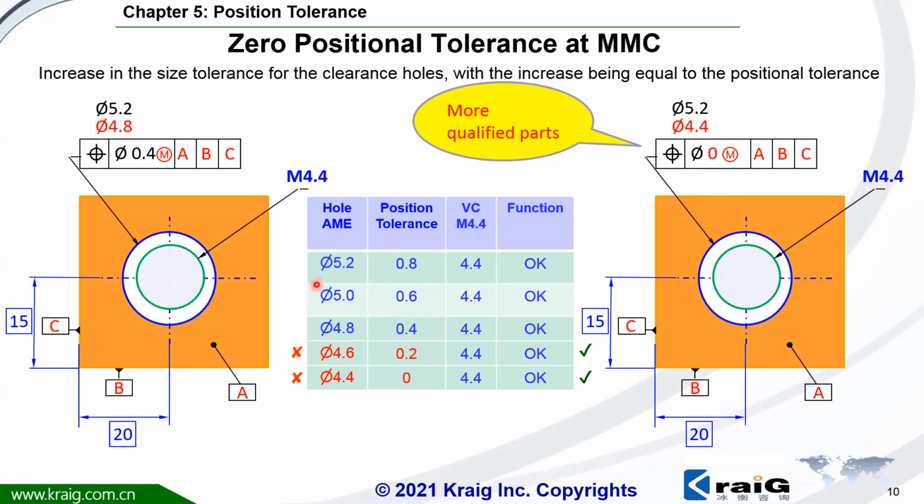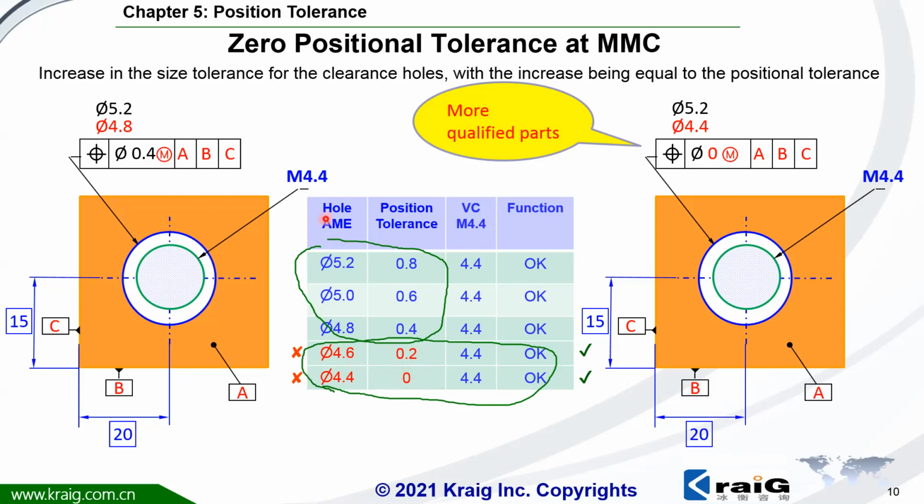So from here to here, both joints have the same requirements actually. But this portion is different. This portion is a good part according to this joint here, but it was rejected by this joint.